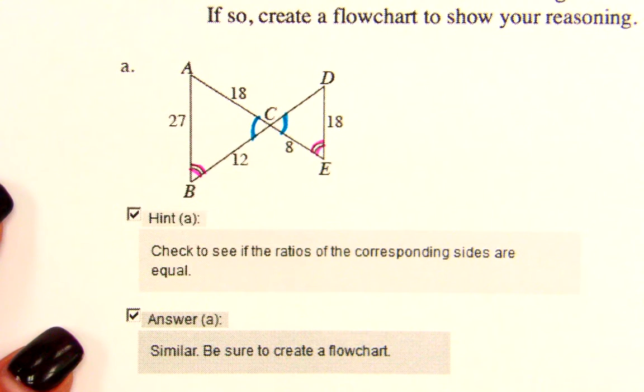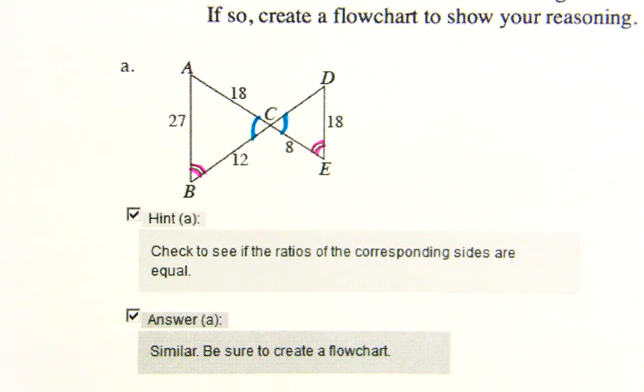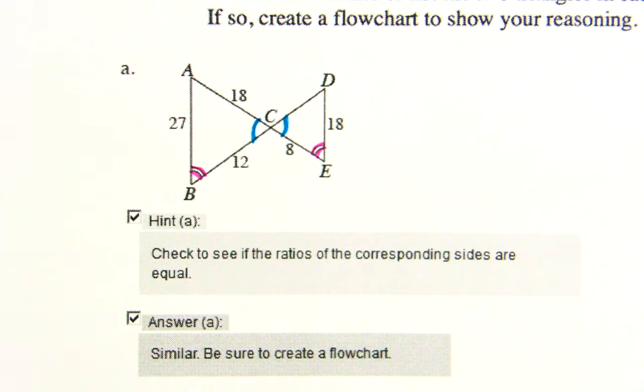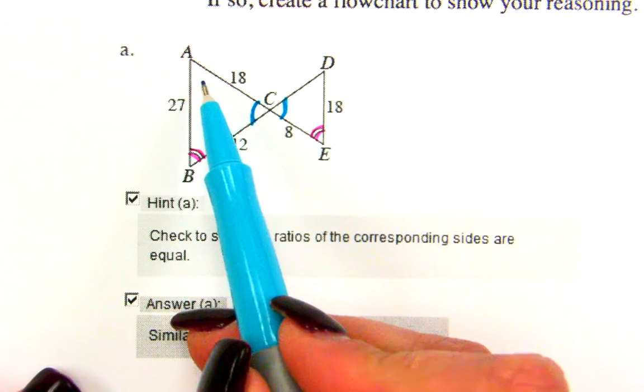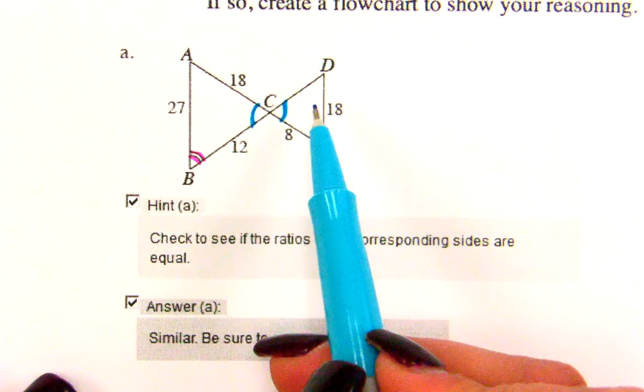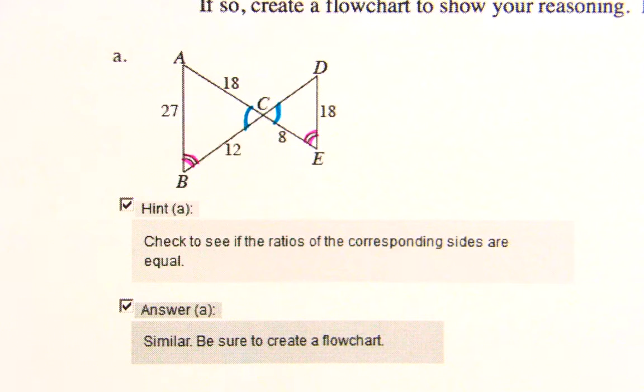But what else do we know? Now, me in particular, I would say, oh, well then, the other angle has no choice but to be the same, so A and D have to be the same. So you can create a similarity between the two triangles based on angle-angle similarity, which is fine.